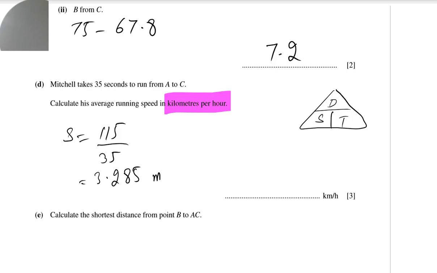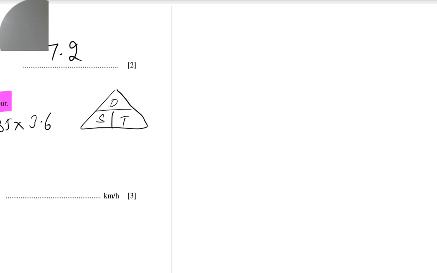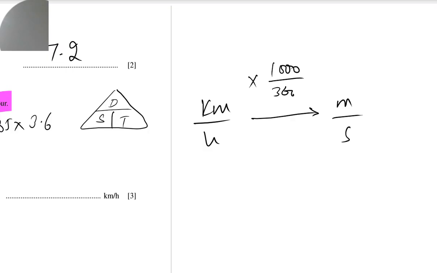3.285, but this is meters per second. For converting it into kilometer per hour, multiply this thing with 3.6. Now why 3.6? For kilometer per hour conversion to meter per second, you multiply it with 1000 over 3600, and if we cancel these two, we are left with 10 over 36.